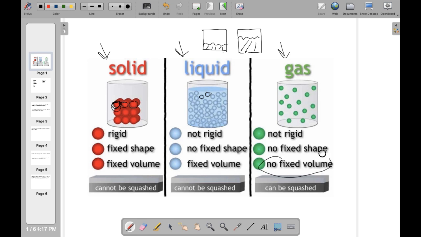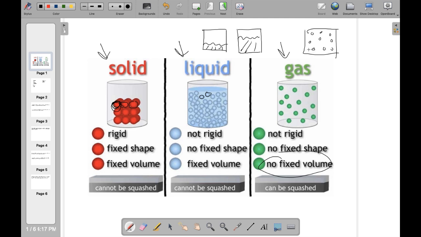That's different than gas. Gas, the particles are very far apart. And if I put gas in a closed container, these particles will fill up the entire container. They will disperse to fill the whole thing up. So they're zooming around inside of whatever container you put them in. That's what no fixed volume means. It also, of course, has no shape because, just like liquid, it takes the shape of the container it's in.